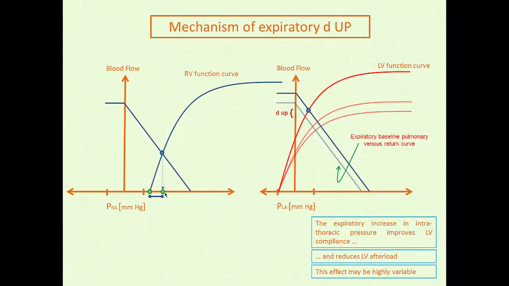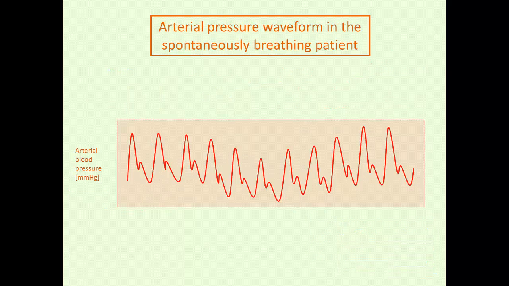So it's hard to predict how low their intrathoracic pressure is going with inspiration and how high their intrathoracic pressure goes with expiration. And again, that can have varying effects on their cardiovascular function and can make pulse pressure variation difficult to interpret.